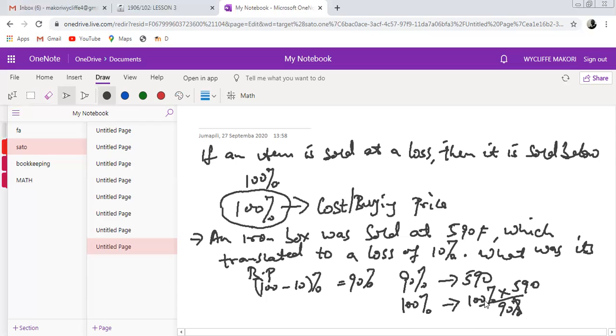That is 100 times 590 divided by 90. You find that it was bought at 655.56. That is the price at which it was bought, but it was sold at this. You can see that the buying price is higher than the selling price, so a loss was incurred.